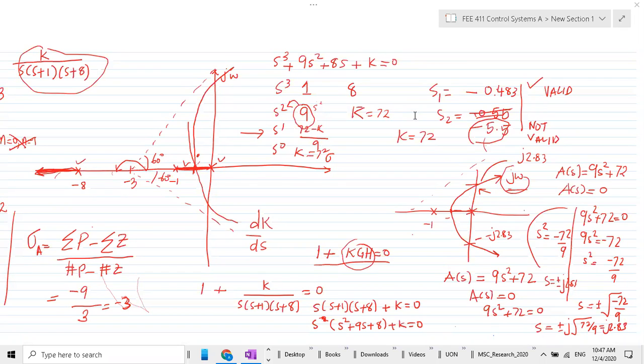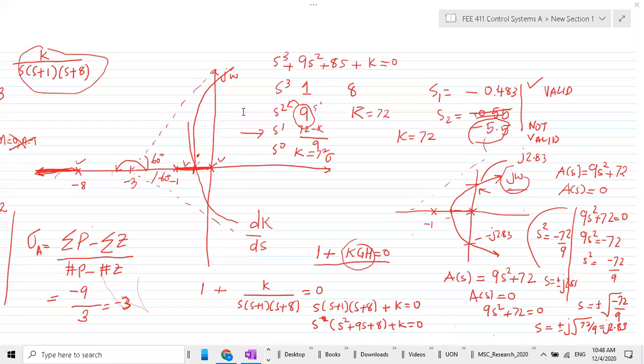Okay. Anyone else? Before we start another problem where there is some angle of departure and angle of arrival, I need to show two other methods for you.